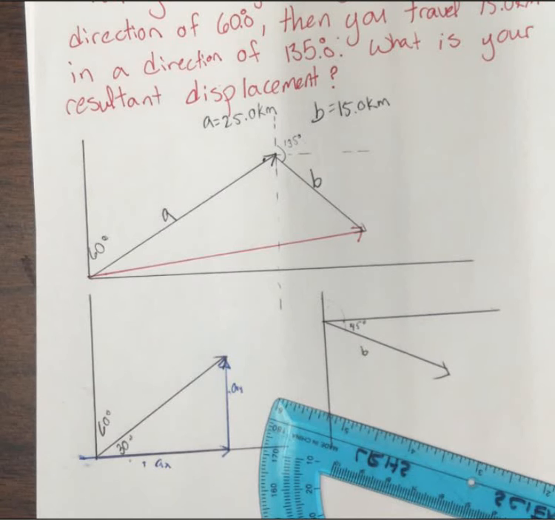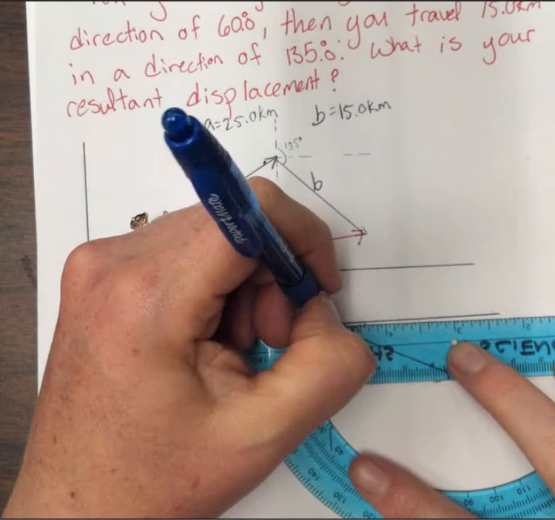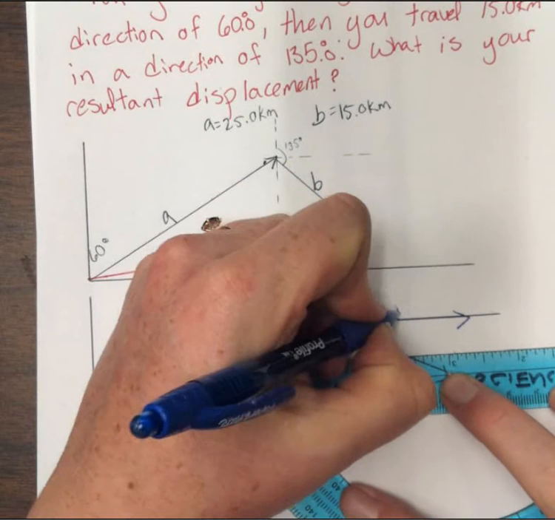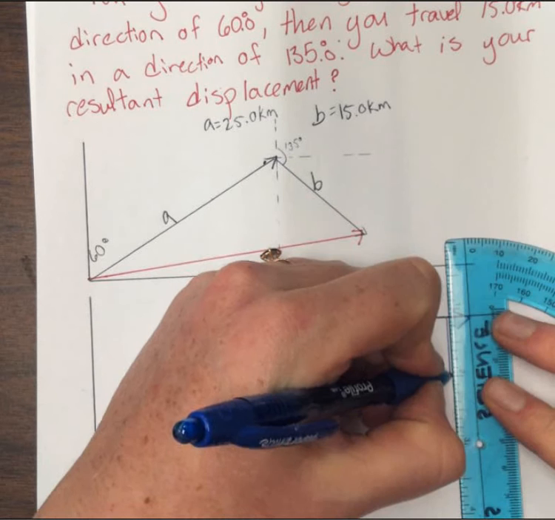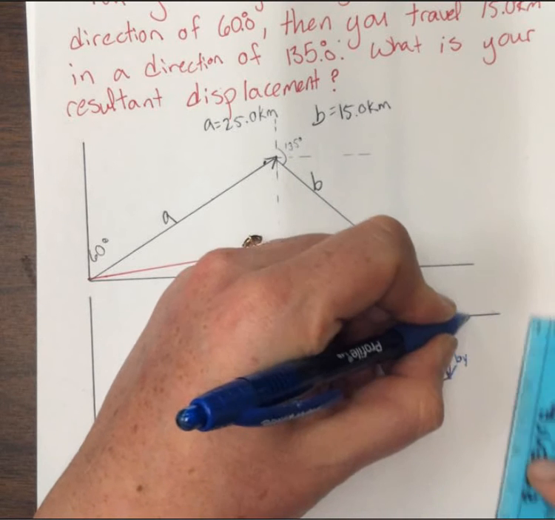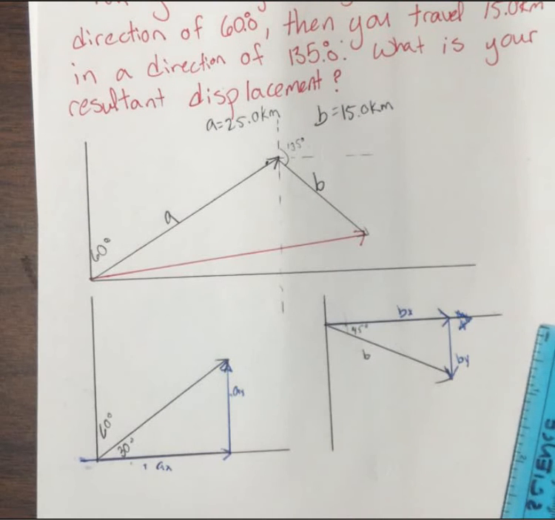So now when we do our components, we will say that this is our BX component, and this is our BY component, and you're going to notice that our BX component should be just like that.